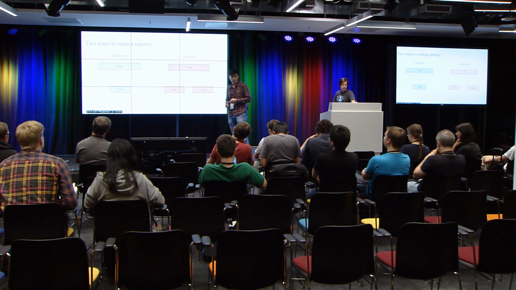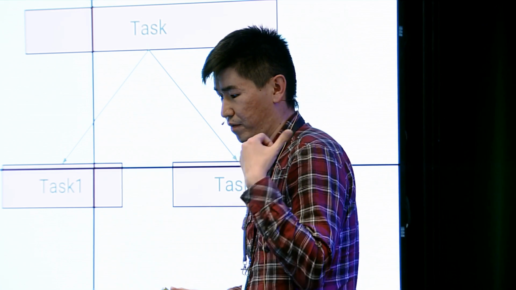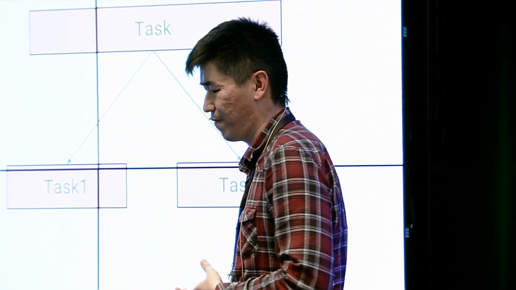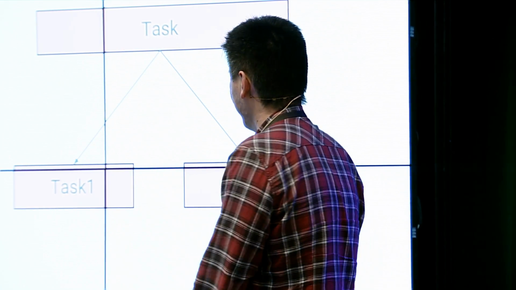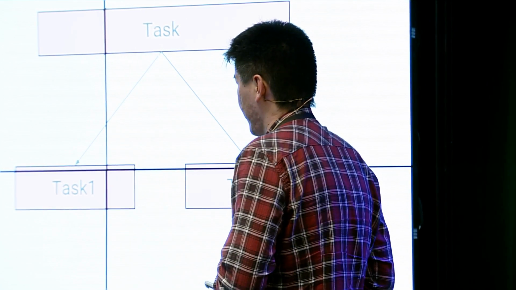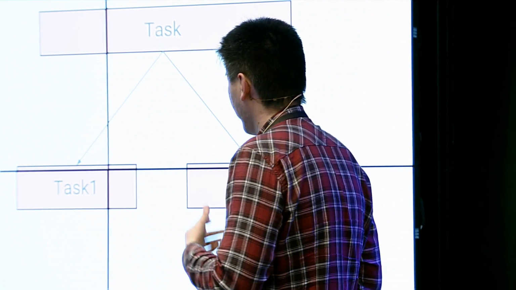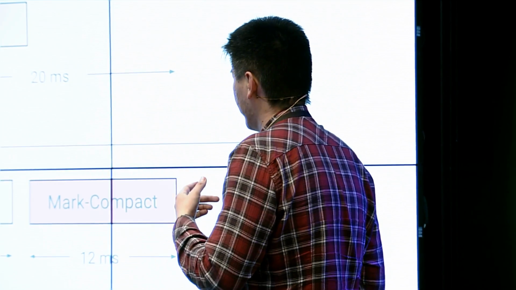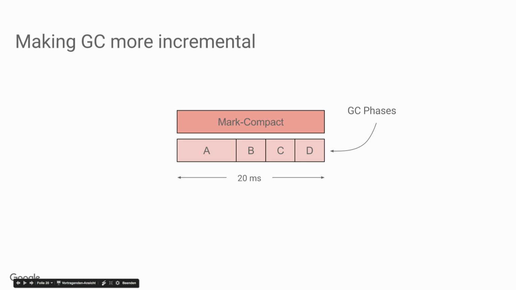These are the types of optimizations that Michael talked about a few minutes ago. Then there is another way, splitting up the task into smaller chunks. It may come as a surprise, but for a garbage collector, splitting up this task into smaller chunks is more difficult than to simply optimize it.